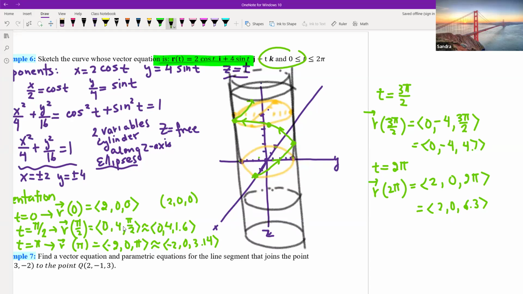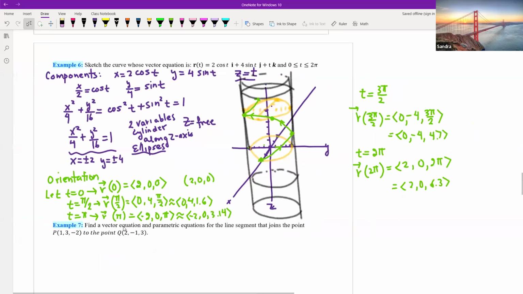Every point is on the cylinder. And it just keeps going like this inside of the cylinder. It keeps on going like that. It's turning inside. All right, so this is the orientation for this problem. This would be the example that I have given you. Hopefully you will be okay when you're doing this on your own, okay?